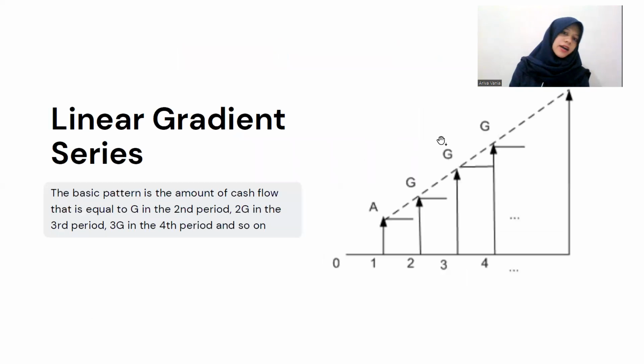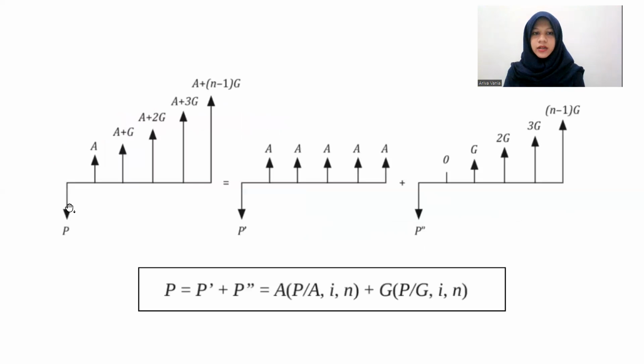Okay, the next kind of cash flow diagram is the linear gradient series, also known as the arithmetic gradient series. The linear gradient series has a pattern where the cash flow amount is G in the second period, 2G in the third period, 3G in the fourth period, and so on.